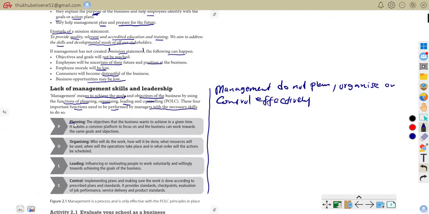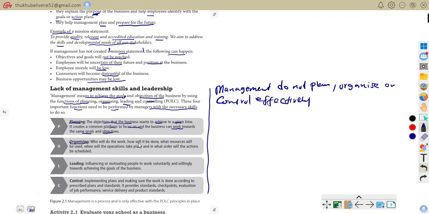The first function is to plan. As a manager, you need to be in a position to provide people with the objectives that the business wants to achieve in the given time. It creates a common platform so people focus on the business and work towards the same goals and objectives. And as a manager, you need to be able to organize.